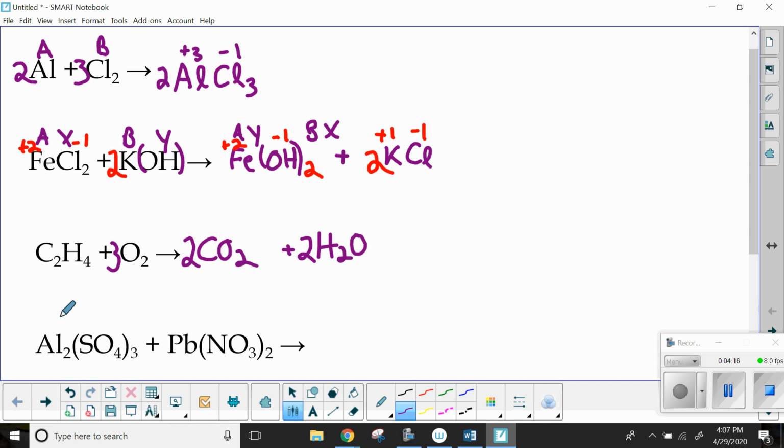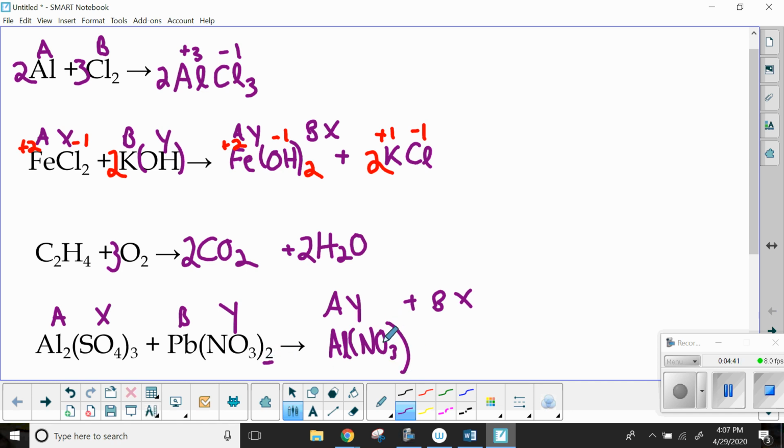And here's another double replacement one. I've got an AX and a BY. It's going to make an AY plus a BX. And I'm going to have aluminum go with the nitrate. Notice that 2 does not come over.